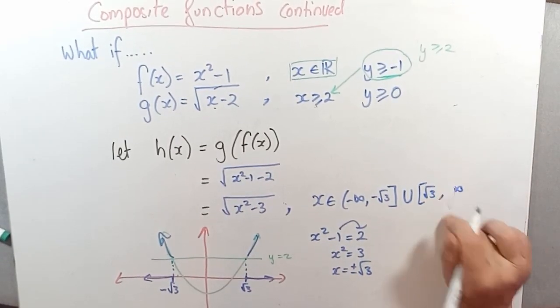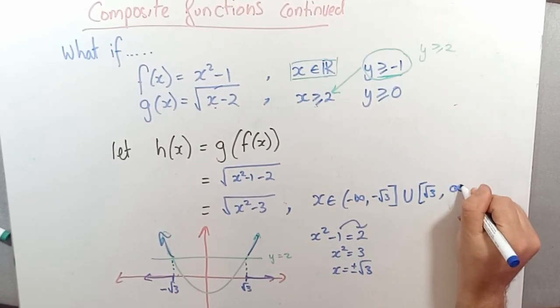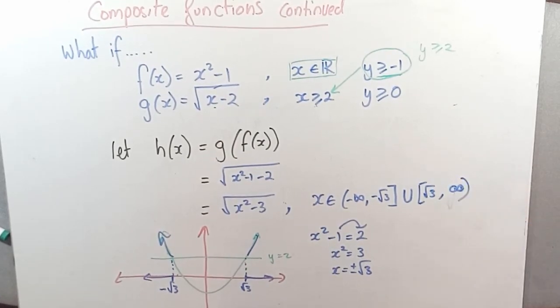I don't have to write the positive, just write infinity. There we go, and a circle bracket there. So I've excluded all the numbers in between because they're going to give me a y value less than 2, which is no good. It's going to destroy my function here.